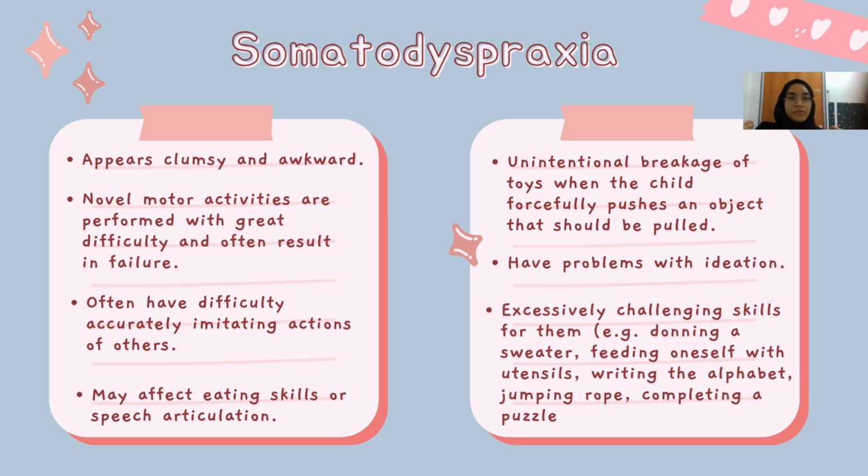For example, when they want to put on a sweater, take on or take off pants, feeding themselves with utensils like fork and spoon, how to scoop with the spoon, writing the alphabet because it requires the right amount of force to write. Also things like jumping rope and even cognitive tasks like completing a puzzle. Thus it may affect eating skills or speech articulation.